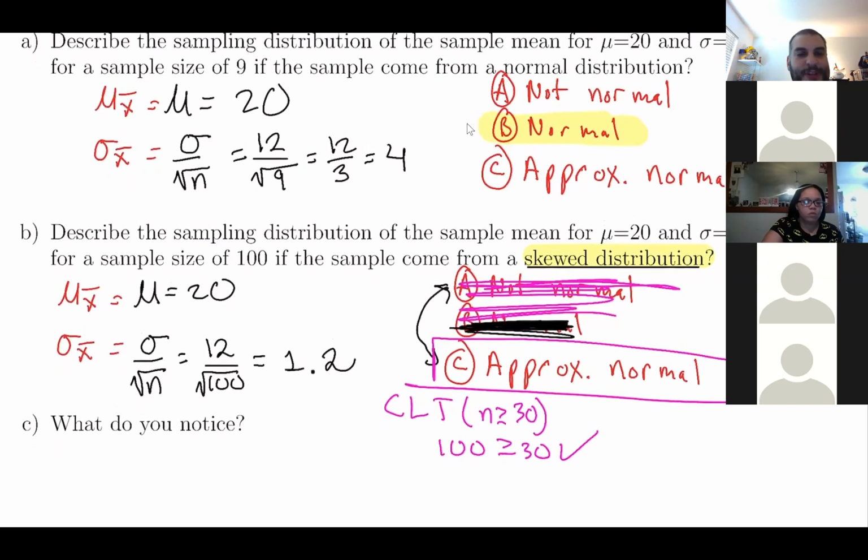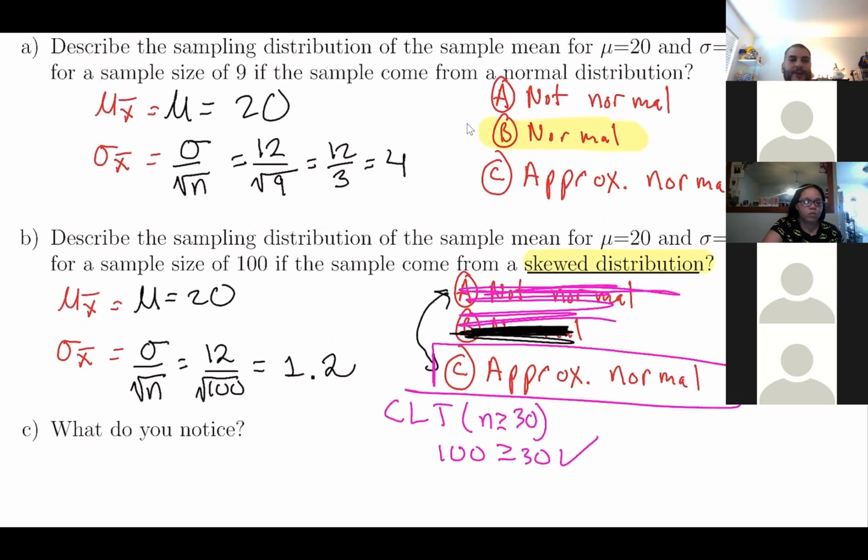For C, it said, what do you notice? So what you notice is different from A and B. That the bigger your sample size, the more skewed your distribution will be? Well, you can have a big sample size, but that doesn't mean that your distribution will be skewed. It depends on what type of distribution you're sampling from.